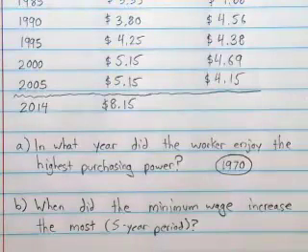But between what 5-year period do we see the biggest jump in the minimum wage? Okay, so between what 2 years? Or, yeah, between what 5? Yeah, from 1975 to 1980.